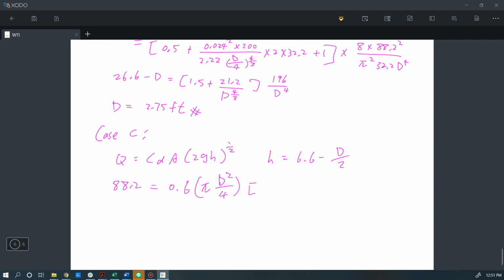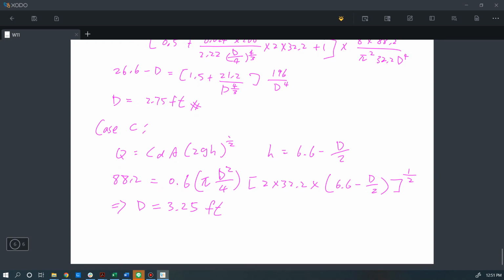Then we times the square root of 2 times g, which is 32.2, times H, which is 6.6 minus D over 2. This entire term to the power of 1 over 2. Then we can calculate that D in this case C will equal 3.25 feet.